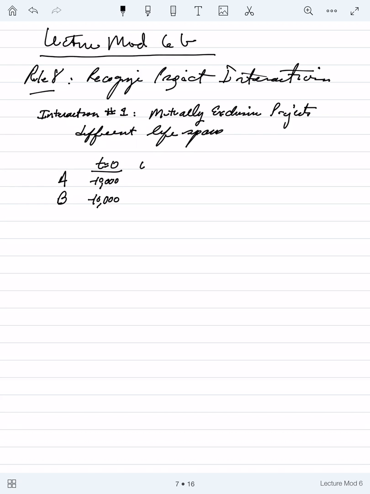Time period 1, project A gives you 12,000, project B gives you 5,000. Time period 2, project A generates nothing, project B is giving you 5,000. Time period 3, nothing from A, and 5,000 from B.